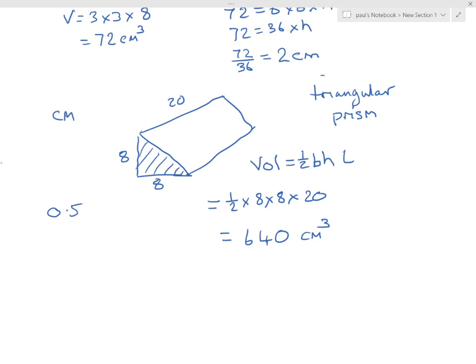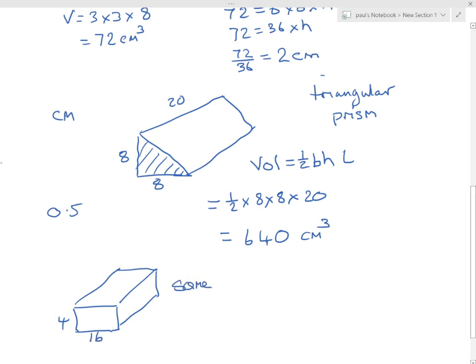Now, let's have a look. So on this one, we're going to go down here with a cuboid, and the cuboid is going to be 4 times 16, and this one has got the same volume as the prism up there. So what is the length is the question.